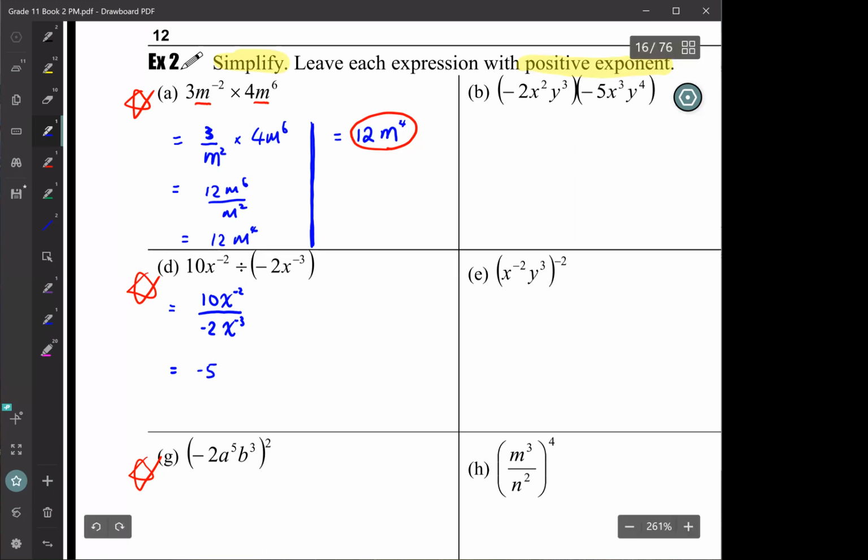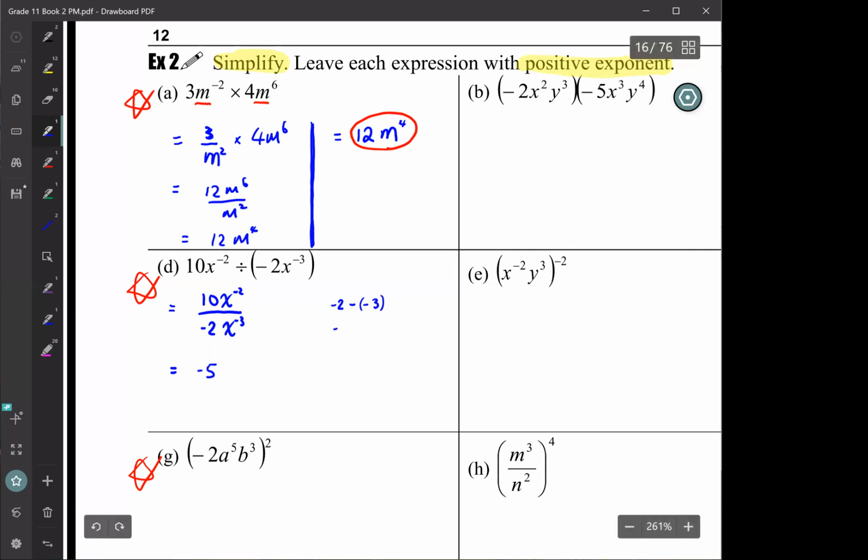And now for the x, the exponents need to subtract each other, right? -2 subtract what? -3. Okay, do you know how to subtract a -3? Oh, it becomes plus.